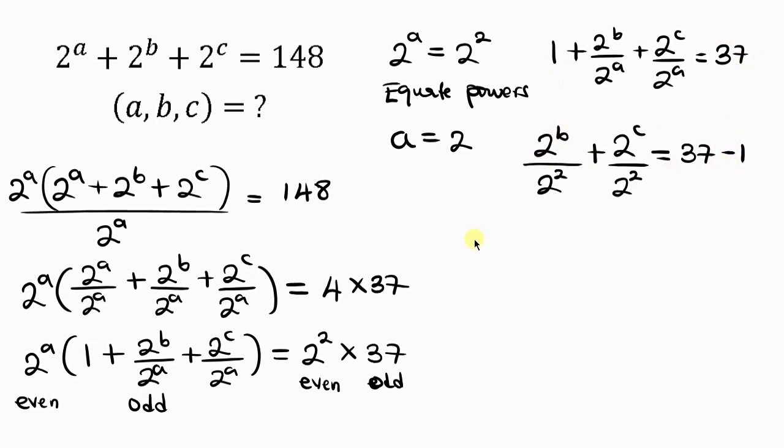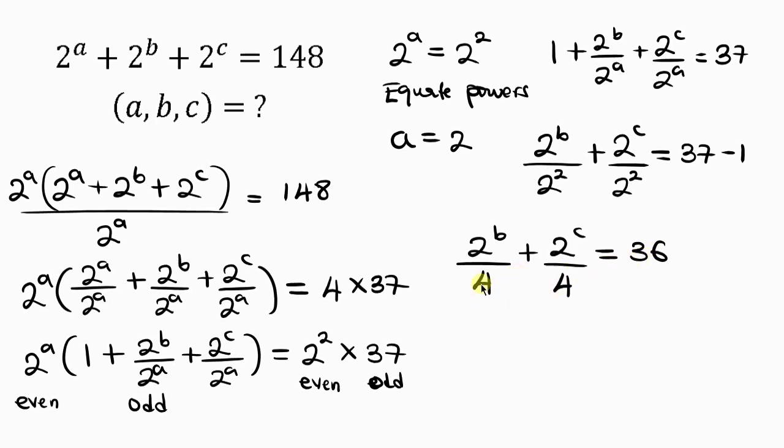So this becomes 2 to the B all over 2 squared, which is 4, plus 2 to the C all over 2 squared, which is also 4, and this is equal to 37 minus 1, which is 36. Our next step will be for us to combine the fractions on the left.